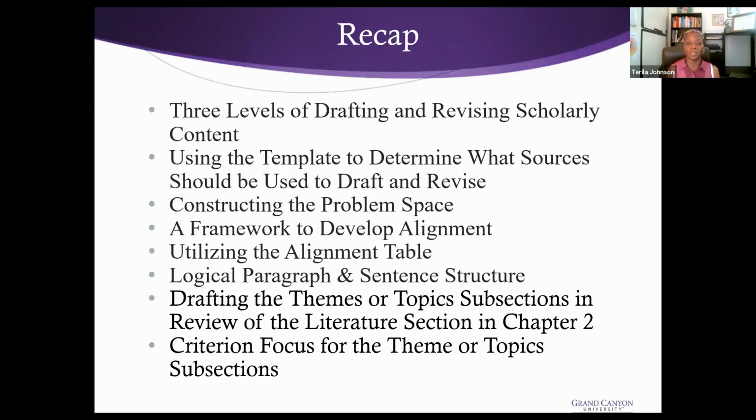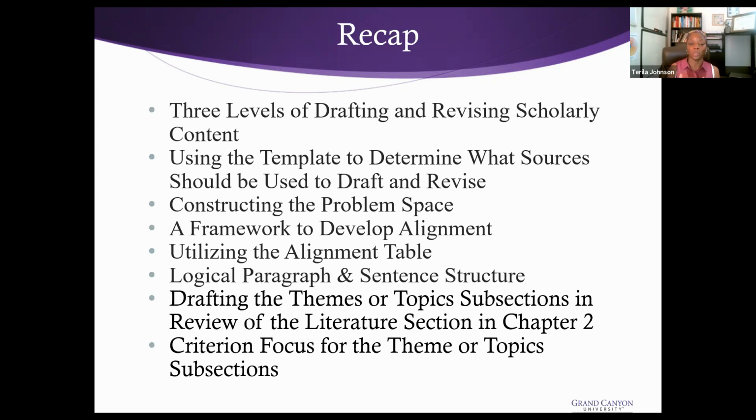Ways to utilize that alignment table, again, concise. This is particularly good if you have been out of your program for a while, or if maybe something is out of alignment with your methodology or your design. It's a way to pull things right there so that you can look at it and start refining it, adjusting it, and reframing things so that it all fits together.